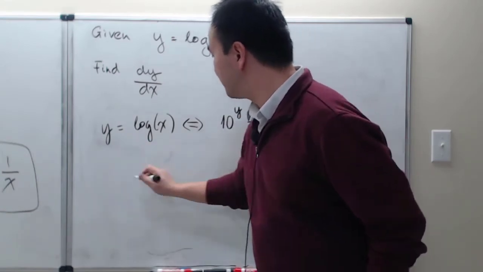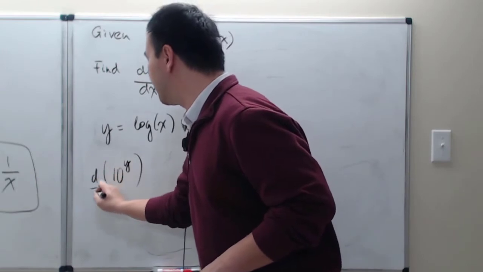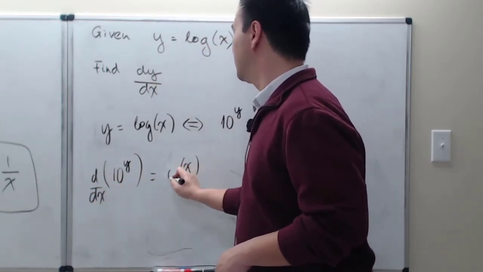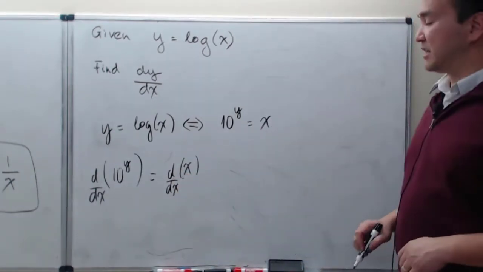Here I actually meant 10 to the y. So I'm going to take the derivative in terms of x, and that should equal the derivative in terms of x on the right hand side as well.